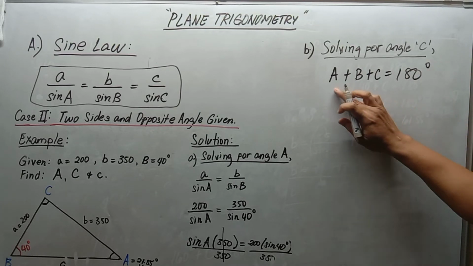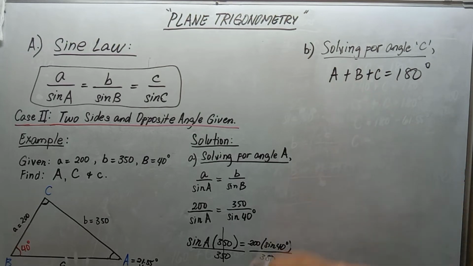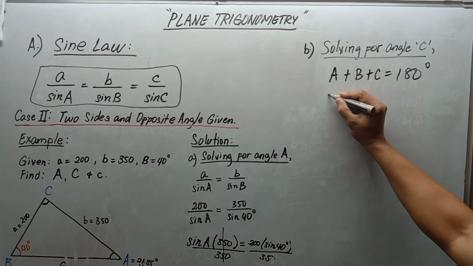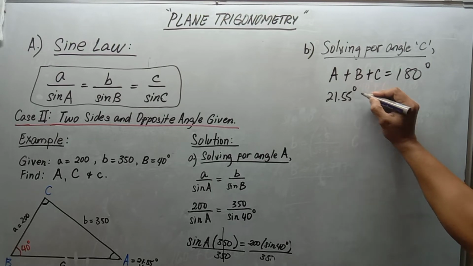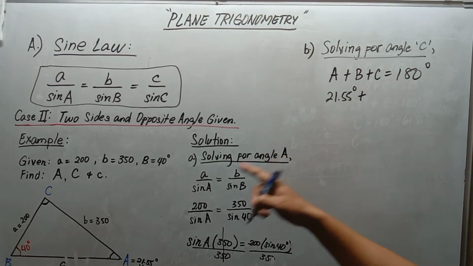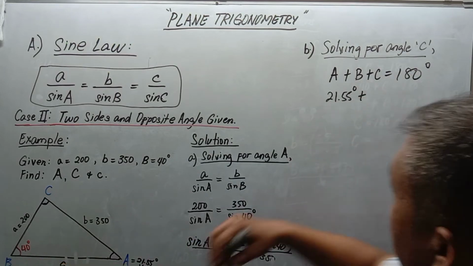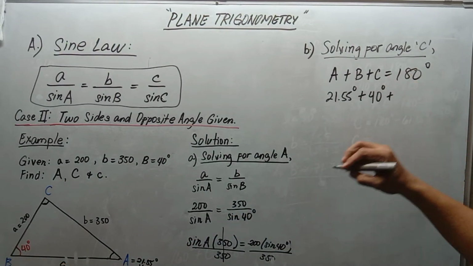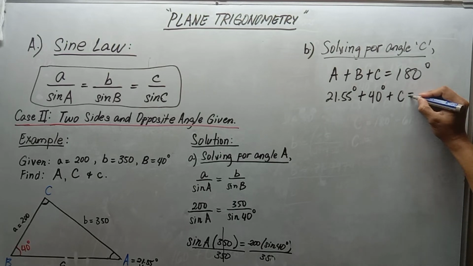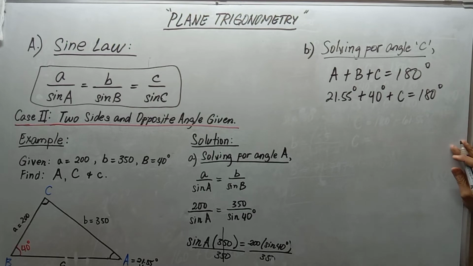Angle A is already calculated, which is equal to 21.55 degrees, plus angle B, which is given as 40 degrees, plus angle C, which is unknown, is equal to 180 degrees.